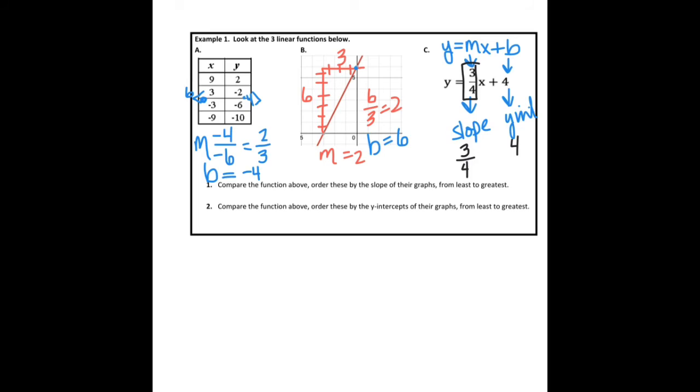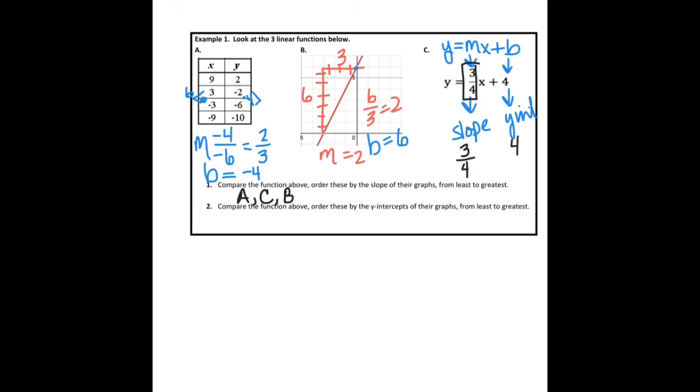So if I were to compare these functions in terms of least to greatest by looking at their slope, the smallest slope is function a with 2/3, then function c with a slope of 3/4, and lastly function b with a slope of 2.